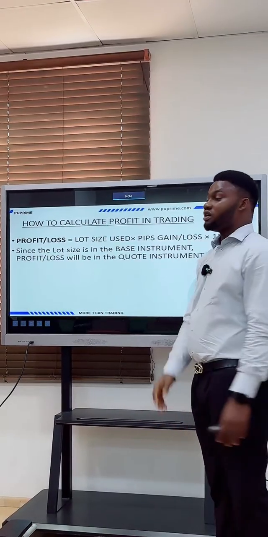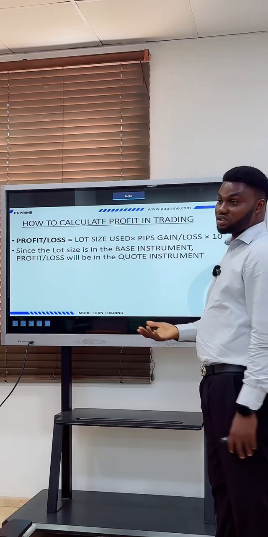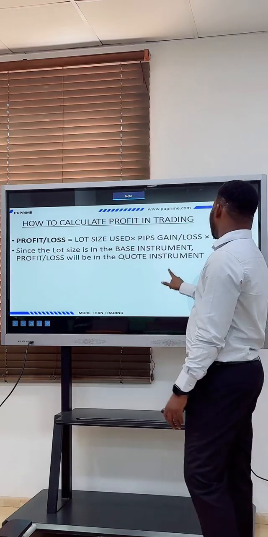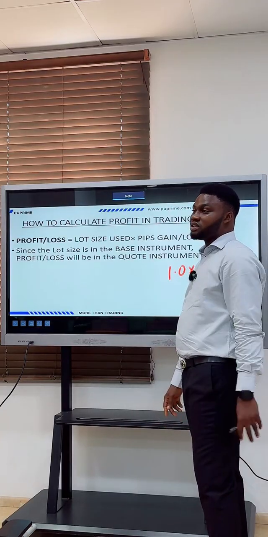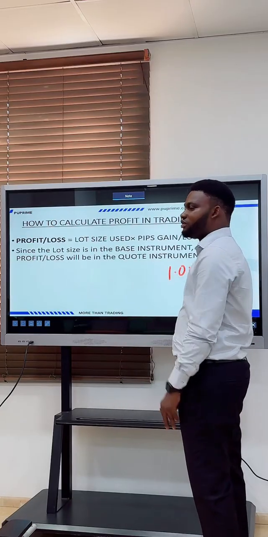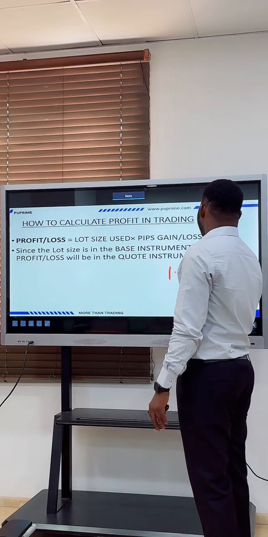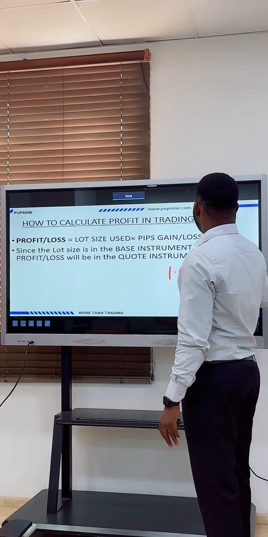Let's say we have different lot sizes, right? A standard lot size stands for 1.0, right? So let's say 1.0. How many pips of movement? Let's say 33 again. Let's stick with 33 so that we don't have any confusion. Multiply by 33. Multiply by 10.